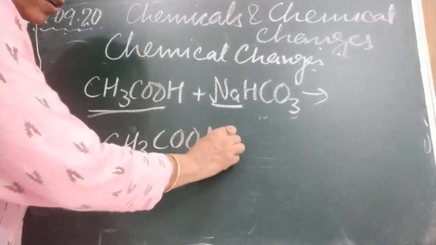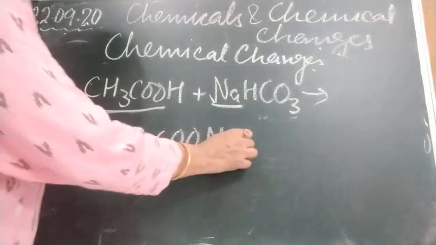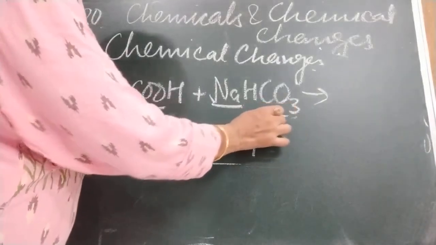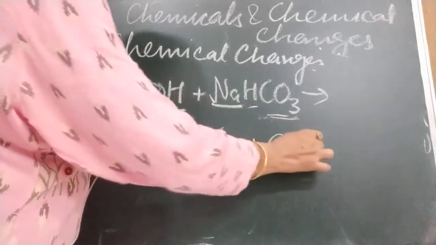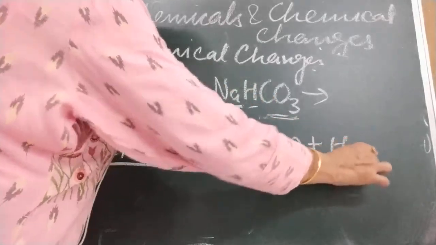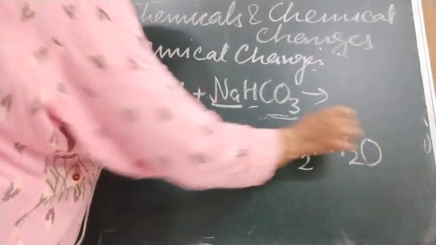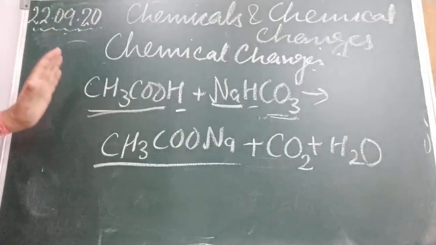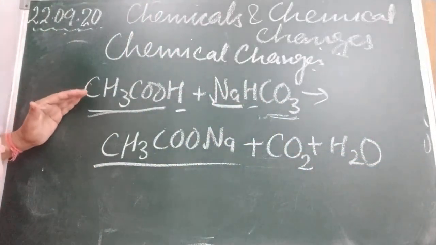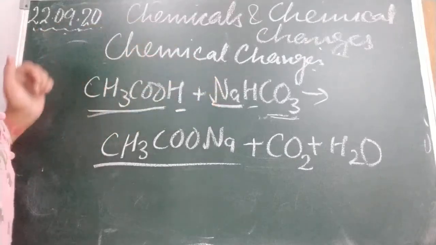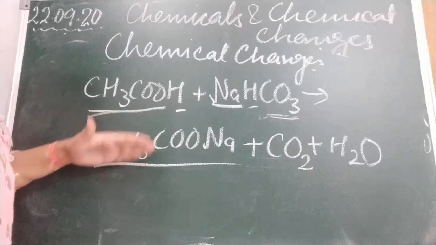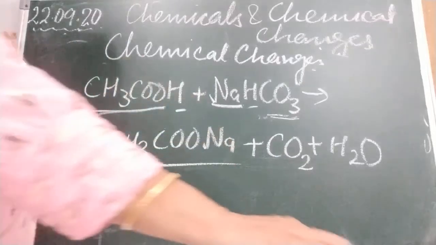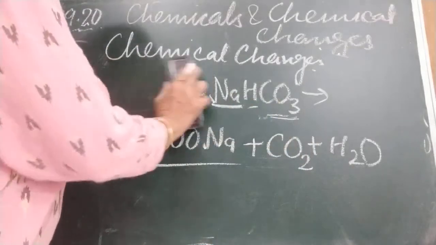What is formed? Sodium acetate, plus CO2 is left behind. 1 H is this, 1 H is this, and 1 O is left from this. This is water. So in this reaction, acetic acid and sodium bicarbonate give sodium acetate, carbon dioxide and water.